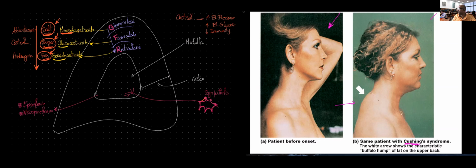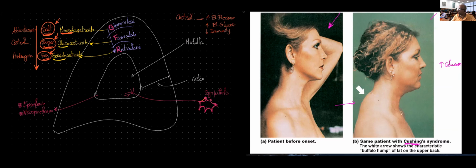Because you're breaking down everything, and it takes time to rebuild everything back again if the initial disease was cured. All right, so what I see on here, cortisol is breaking down everything, bones, muscles, skin, everything. To do what? To increase the glucose level.